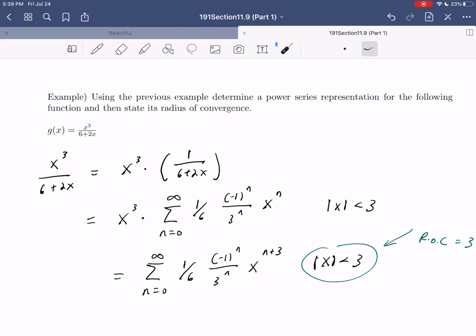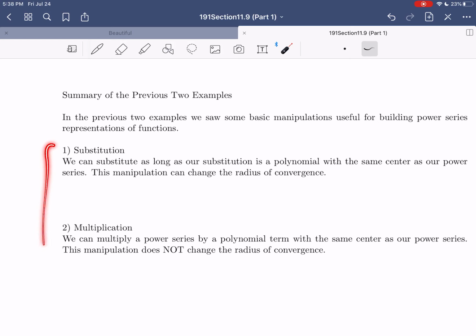So we've got these two manipulations, but we do have to understand there are some restrictions behind the scenes. You're really only allowed to work with polynomials that have the same center as your power series. And the reason is, if you don't do that, then that power series isn't necessarily going to be a power series anymore. So unless you do the manipulations as described here, you're not going to keep the actual power series structure.